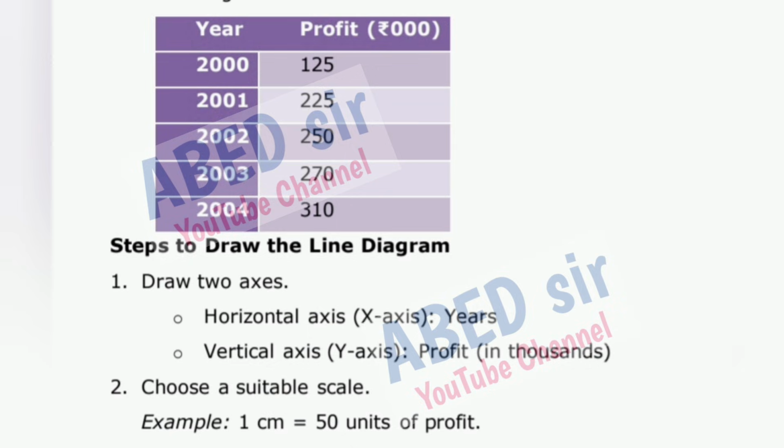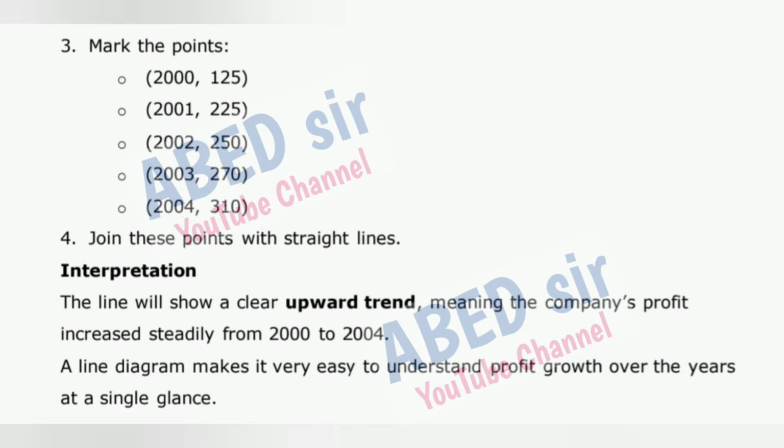Draw two axes. Horizontal axis, x-axis, years. Vertical axis, y-axis, profit in thousands. 2. Choose a suitable scale. Example: 1 centimeter equal to 50 units of profit. 3. Mark the points. 2000, 125.